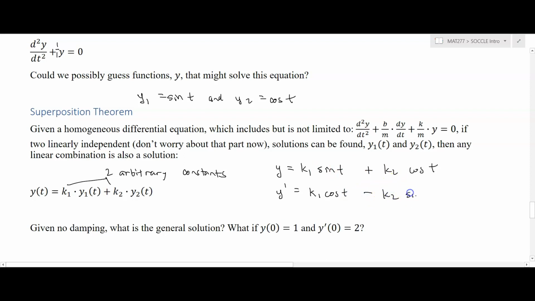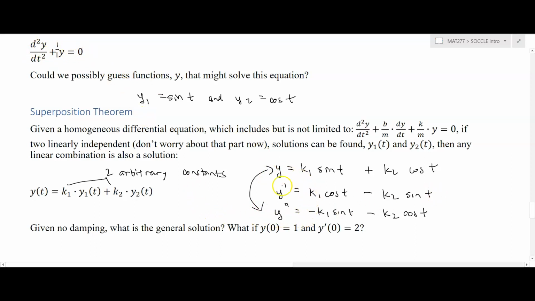Minus k2 sine of t. And if we take the derivative of that, k1 cosine of t has derivative negative k1 sine of t, and the derivative of k2 sine t is minus k2 cosine t. If we add the second derivative to y, they should cancel out and give us 0.